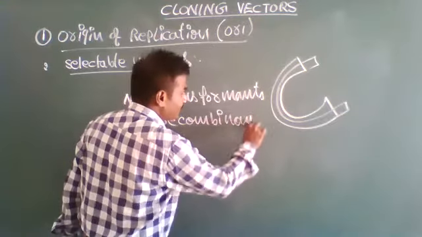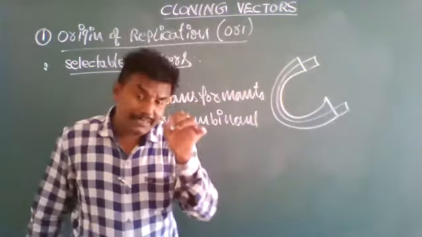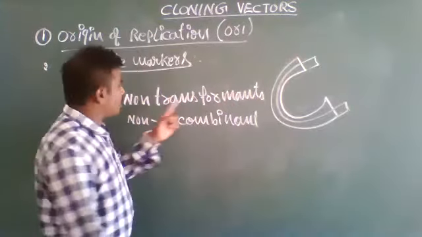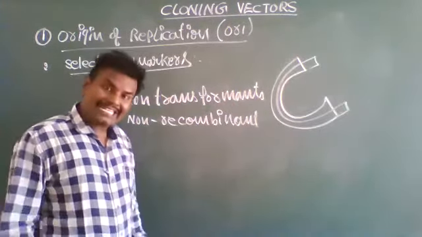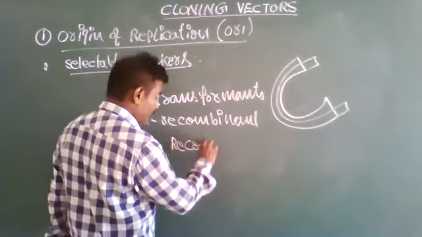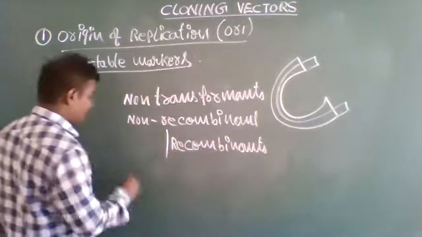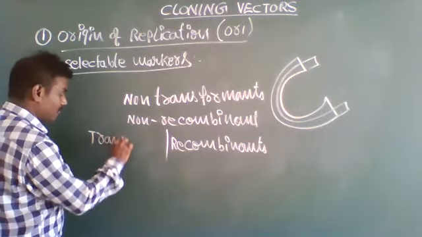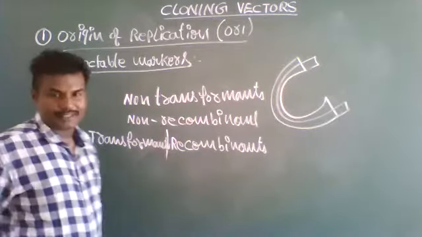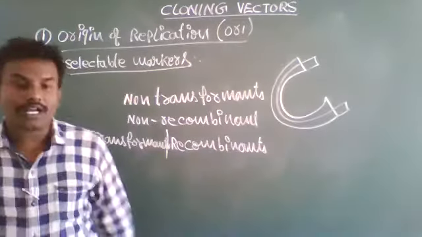Those selectable markers identify and eliminate non-transformants and selectively permit the growth of the recombinants or transformants.